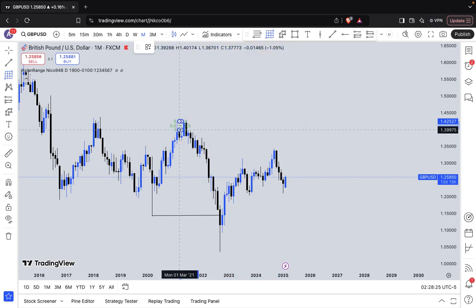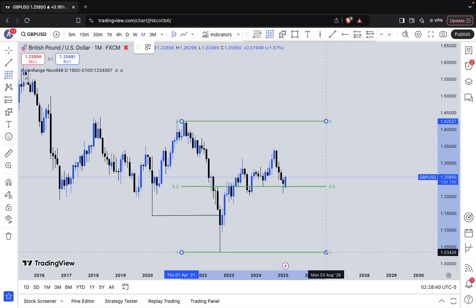To move from this high to take out this external liquidity. So the market moved from this high and took out this external liquidity. That was how we got this low, right?